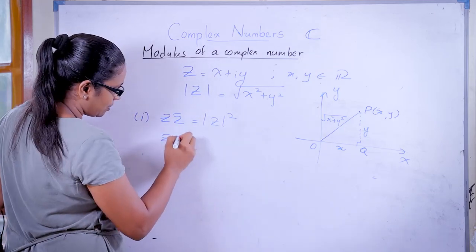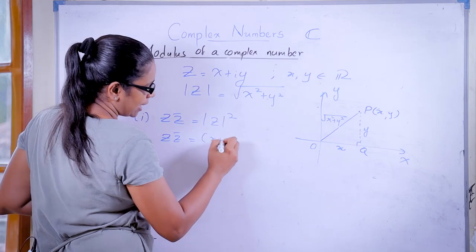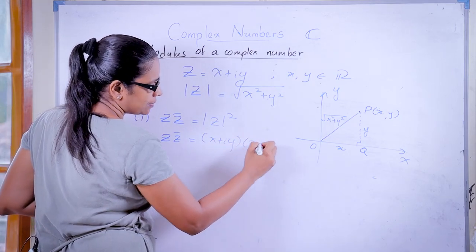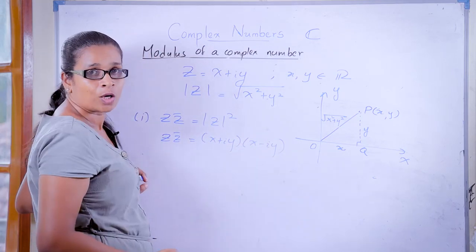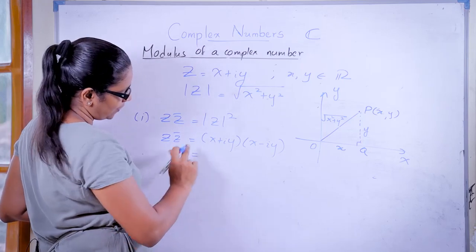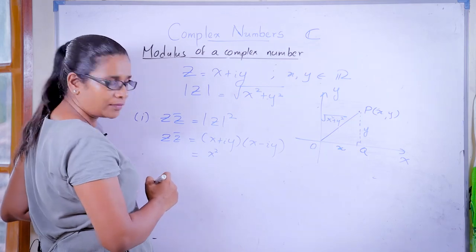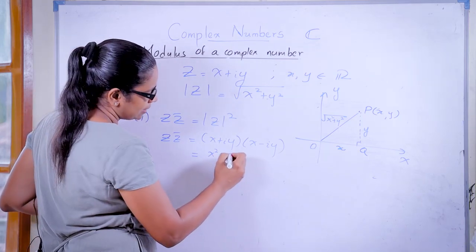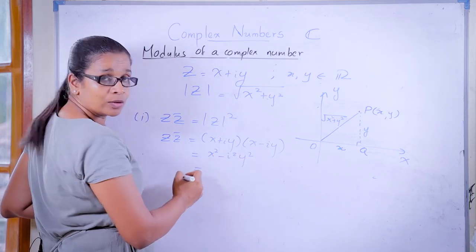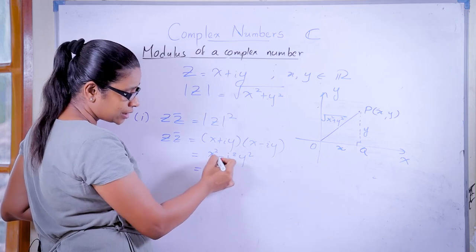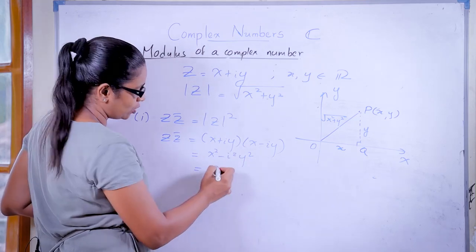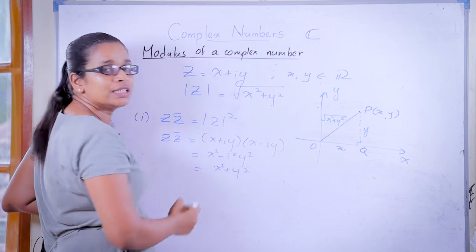I am going to multiply x plus iy by x minus iy. When you do the multiplication, x squared and minus i squared y squared. Minus i squared represents plus 1, so it is x squared plus y squared.